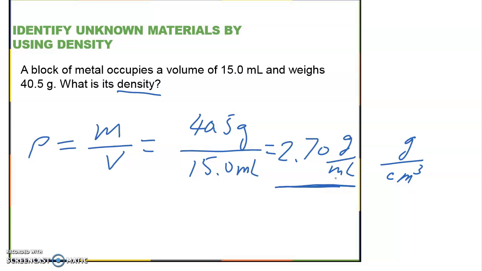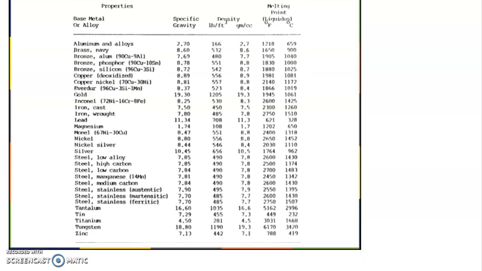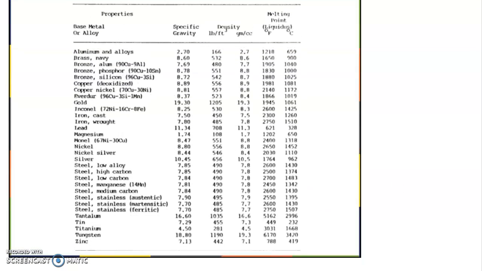Let's compare this density with some known densities of metals. The density here is in grams per cubic centimeter. And the first one is 2.7, and there is nothing else that is close to it. Therefore, we will say that the block of metal is aluminum or aluminum alloy.